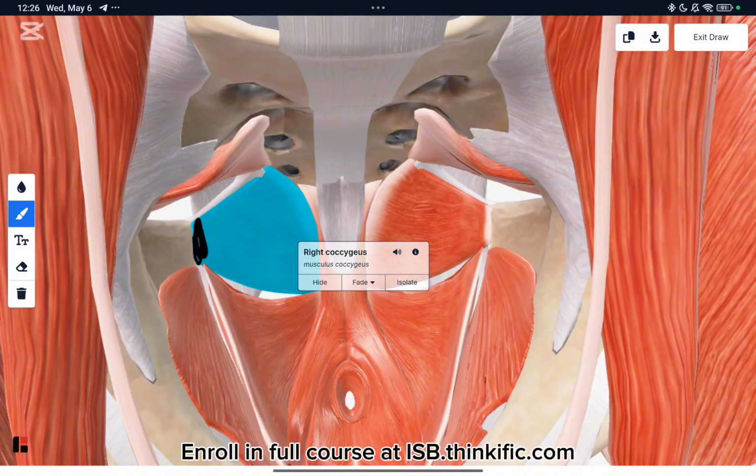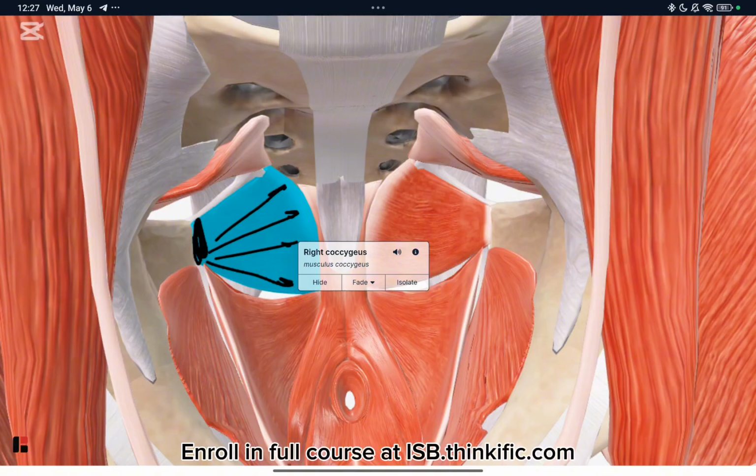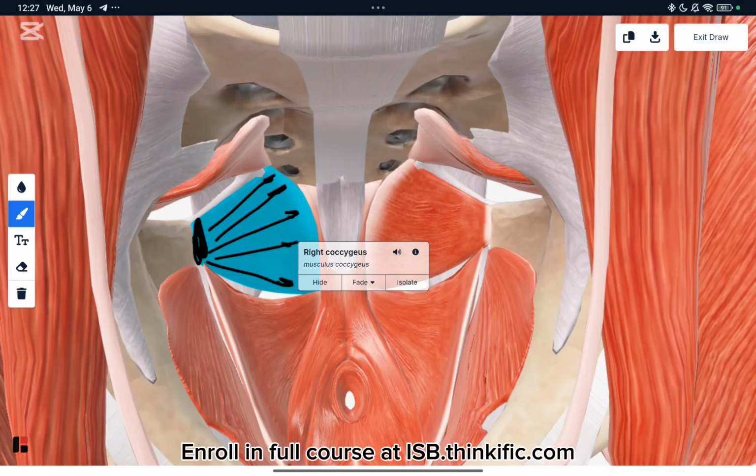It originates from the ischial spine and then descends and inserts onto the lateral margin of coccyx and also the lateral margin of sacrum. So very simple, unique muscle. It just originates from ischial spine and inserts on the back into the lateral border of coccyx and adjacent sacrum.